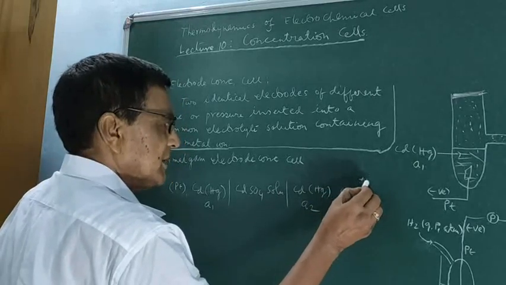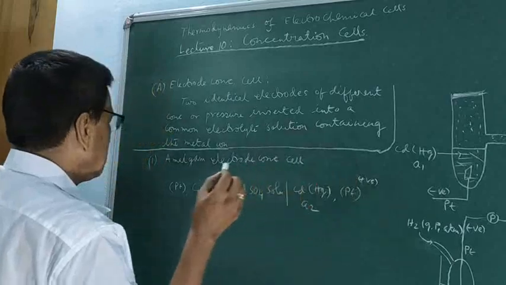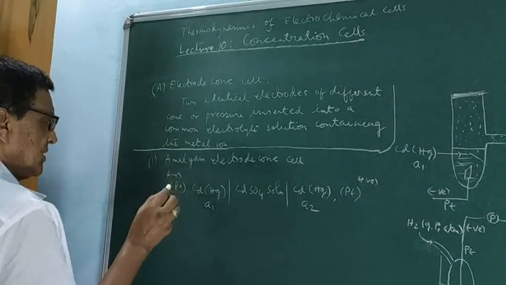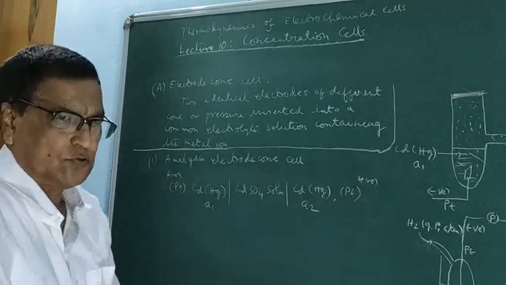This one is the positive electrode and this one is the negative electrode, or I can say this is the anode and this is the cathode.